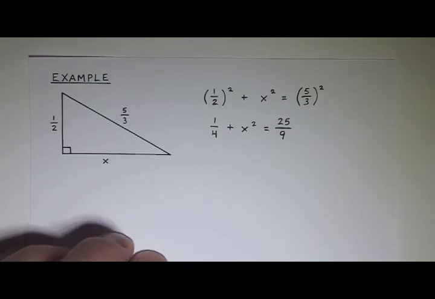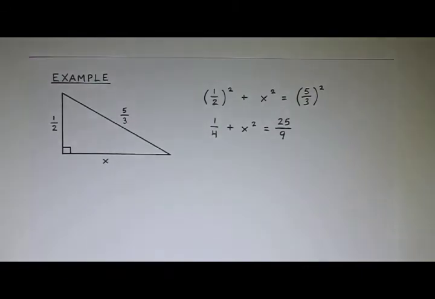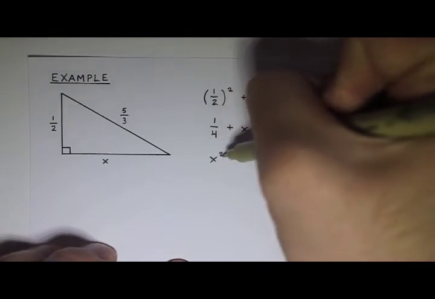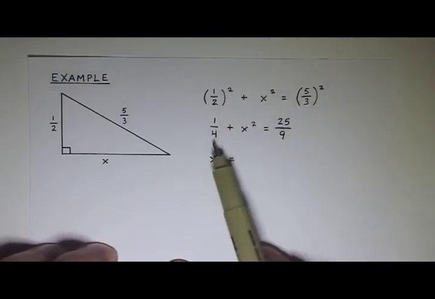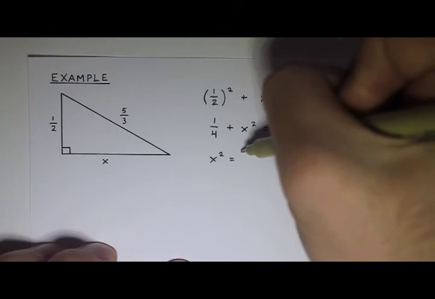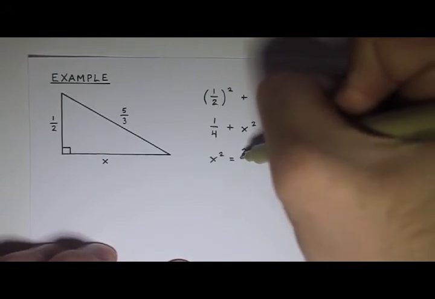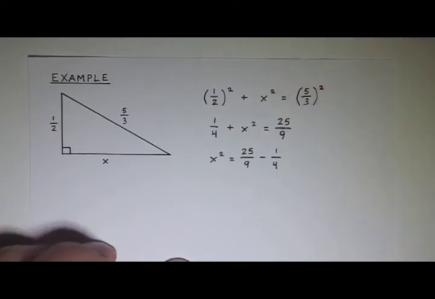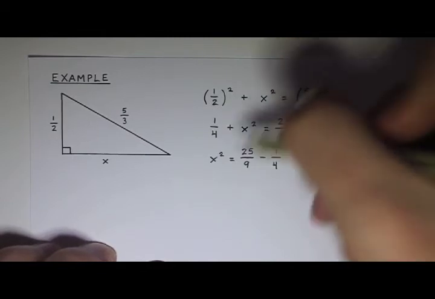Okay, so now we've got to solve for x. So x squared equals, I can subtract 1/4 over to the other side, and that gives me 25 ninths minus 1/4. Okay, so if I want to solve this, it would be a good idea to subtract these fractions, but in order to do that, I have to give them a common denominator.